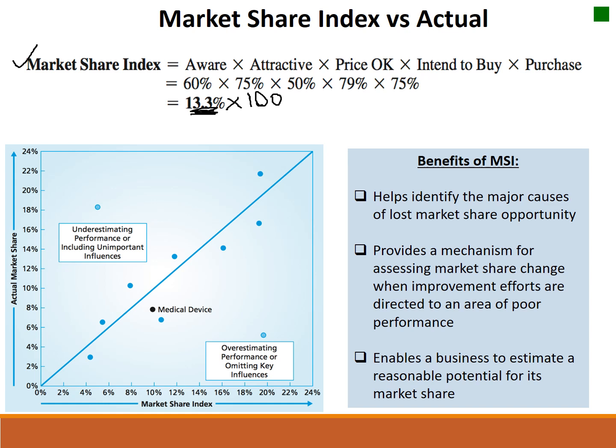One of the handy features here that we can also talk about is comparing our market share index, which is an estimate of future performance, to actual market share. As we try to estimate our market share, then once we begin to produce and sell a product, we can compare our estimate to our actual behavior and actual market share.